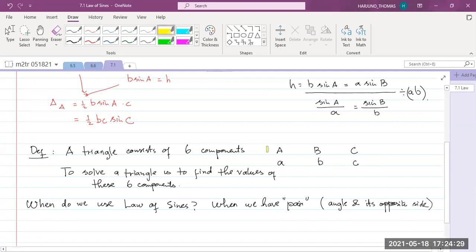Either you have this pair or this pair or this pair. If you have a pair, then you can use law of sines. Now we do problems. I'm done with this section actually. It's just doing problems from now.